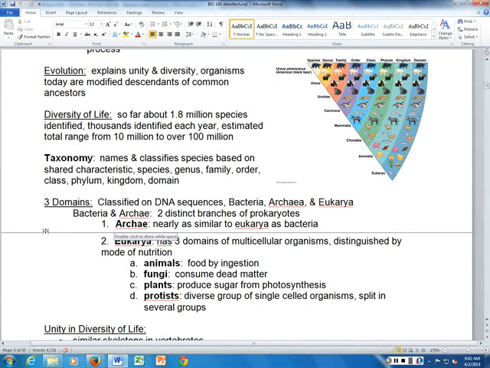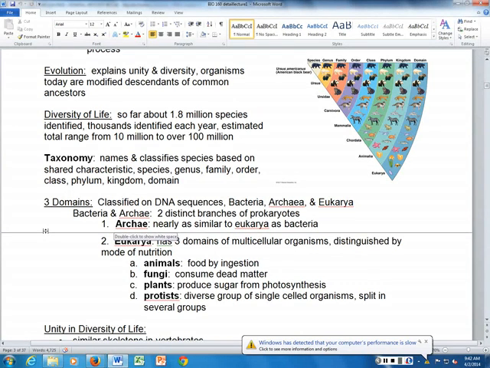The prokaryotes are your bacteria and your archaea, and then you have your eukaryotes. So these are the 3 domains. 2 types of cells make the 3 domains of life, and they determine that based on looking at DNA sequences.